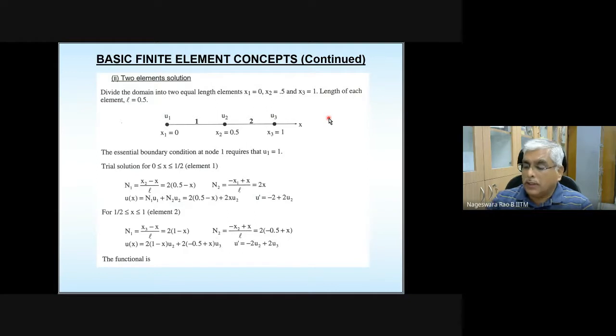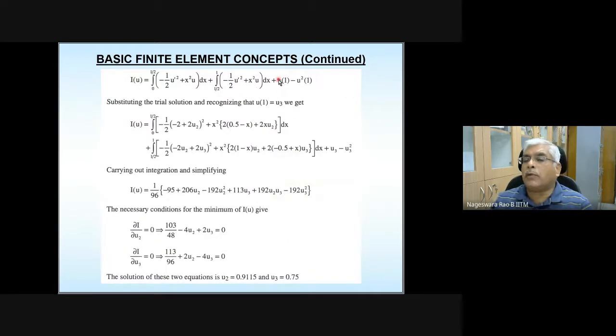So this boundary term corresponds to U4 in that case. You may end up with I being a function of more than, here it is a function of 2 unknown parameters. You may end up with 3 unknown parameters if you use 3 elements.